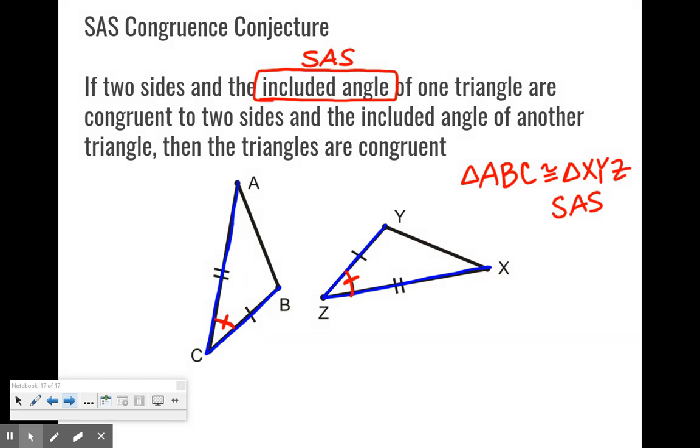That means this third side, AB and XY, are congruent to each other. So once we have a shortcut, we know that all of the other pieces are congruent as well. This one is key because the angle has to be in between. Notice that the angle in red, C and Z, are in between those two blue congruent sides.